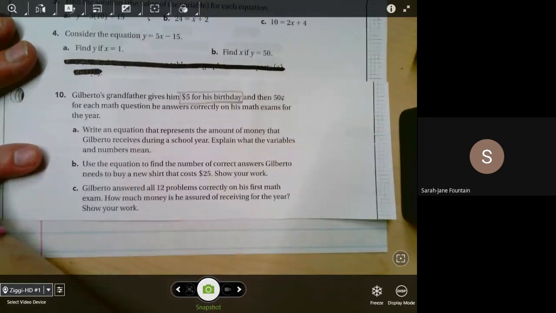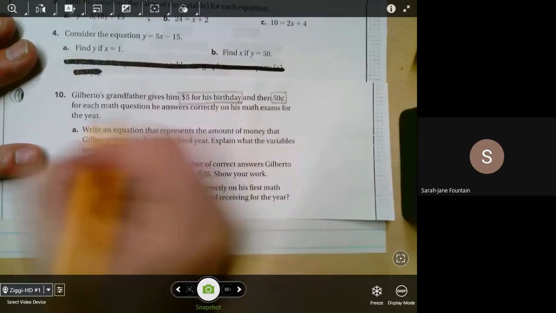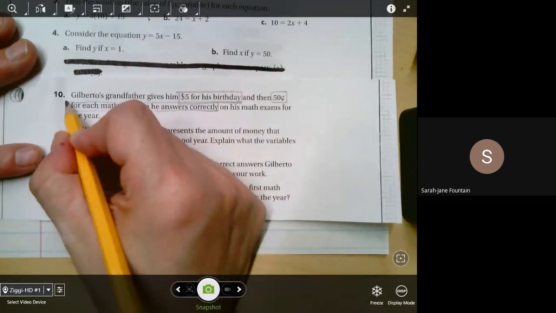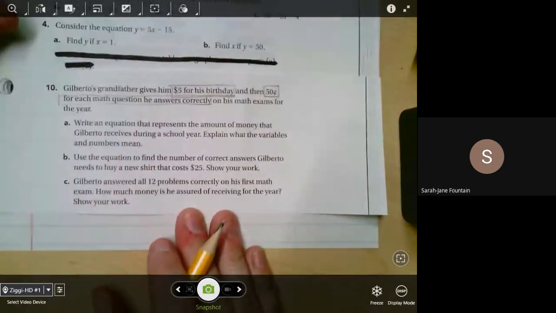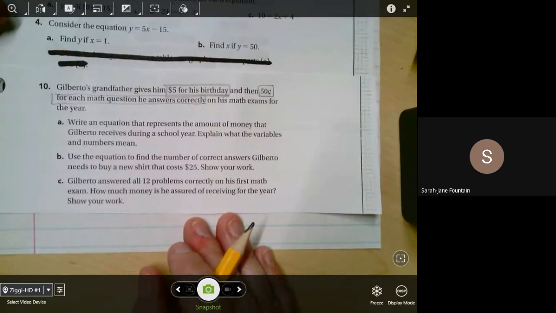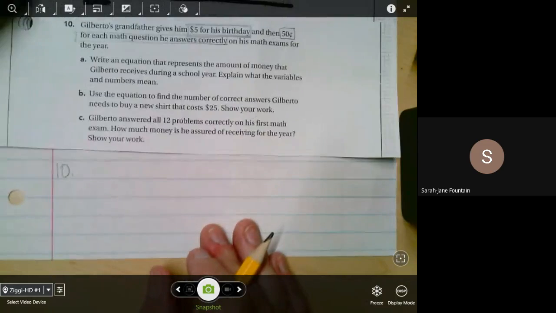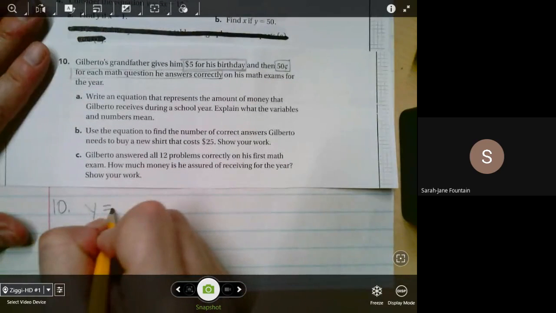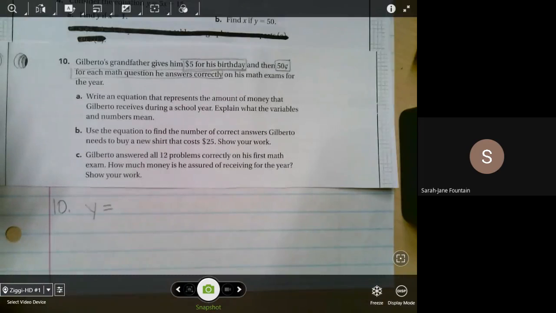And then 50 cents for each math equation he answers correctly. So looking at that to try and find an equation, I know that y is going to equal something. Y is going to equal what Gilberto earns.